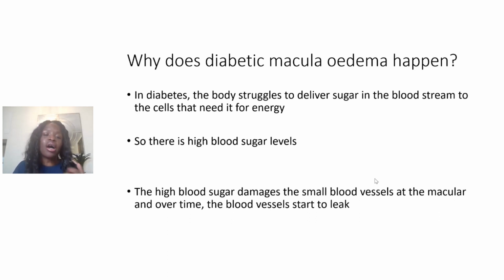So there is a high blood sugar in diabetes. And this high blood sugar level damages the small blood vessels in the macula over time and can cause them to leak. And this leakage causes a disruption or a disorganization of the structure within the macula, causing blurred vision.